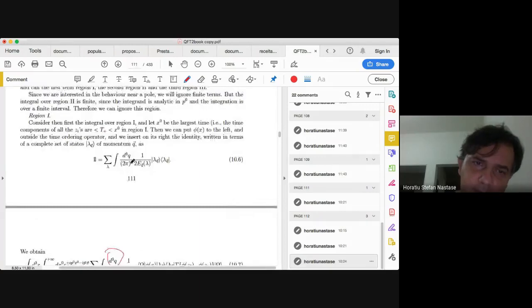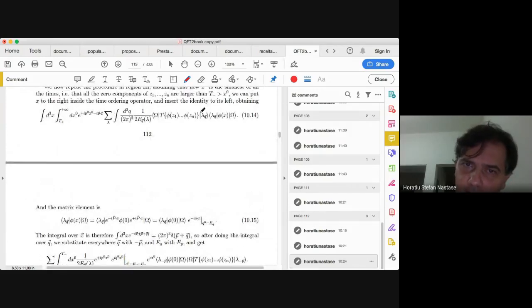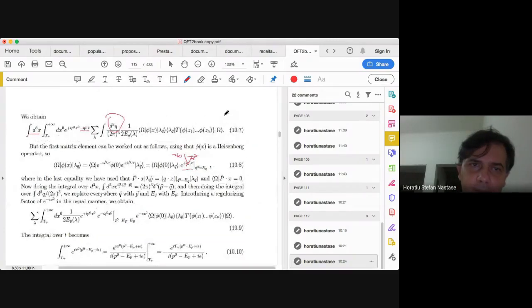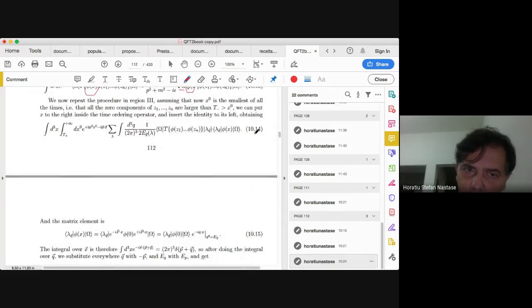I insert this identity in between t and phi of x. So I insert this identity here, this ket bra part, and this sum. So I arrive at this. And now, as in region 1, I have to evaluate this kind of matrix element.